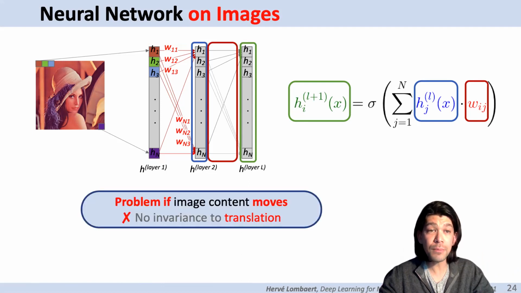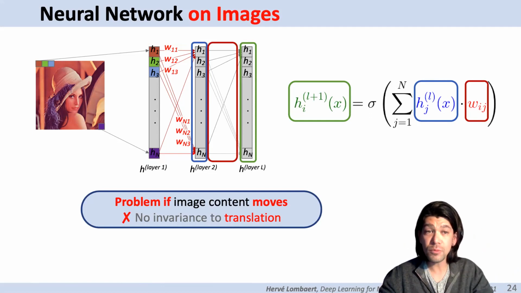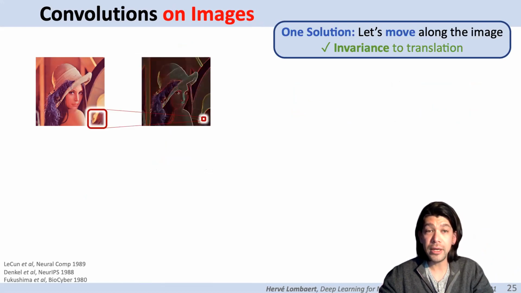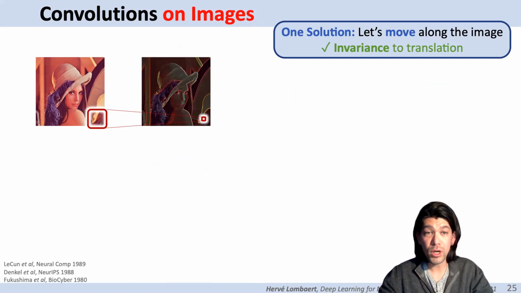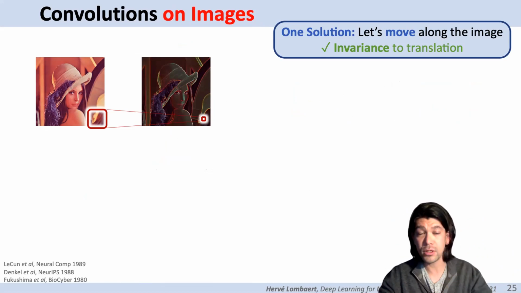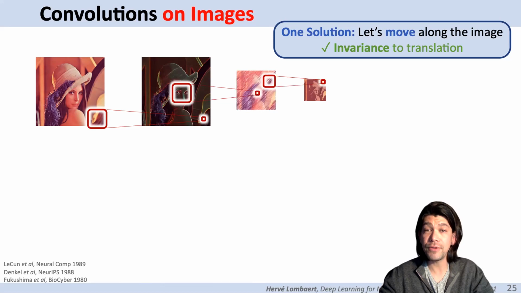That's okay, but what if, for example, Lena here, the content of the image starts to move around within the image? We'll start to get into trouble here. That's one of the main reasons why convolutional neural nets happened. The idea is, instead of having the image that moves around, what if we have a convolution, a small window that moves around with us? That's the main idea of convolutional neural nets.